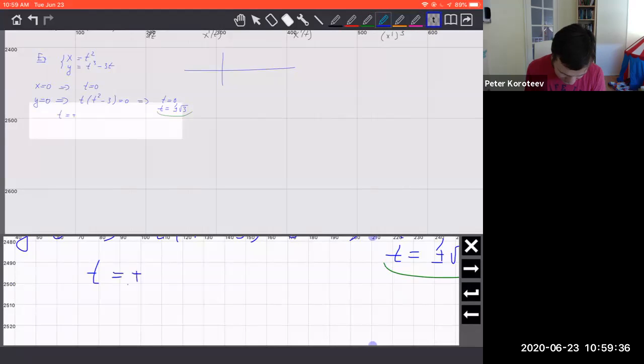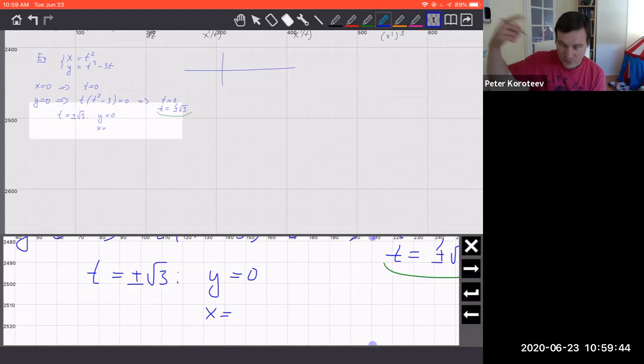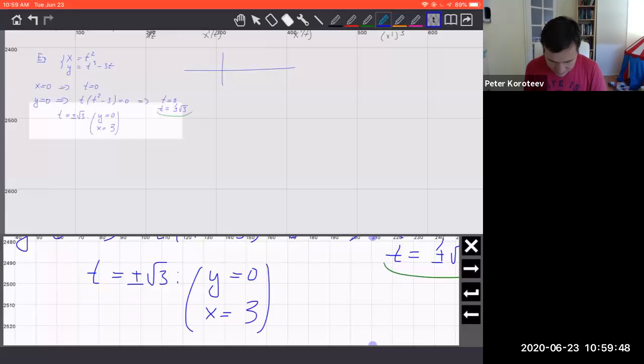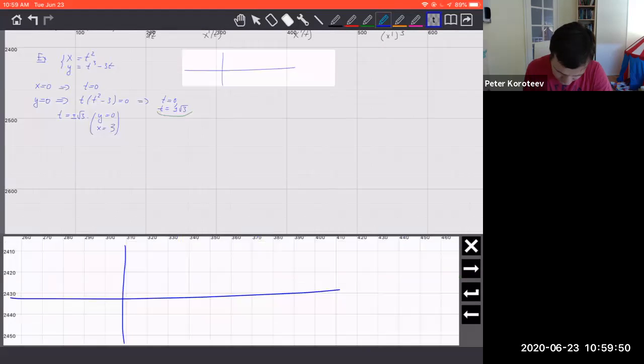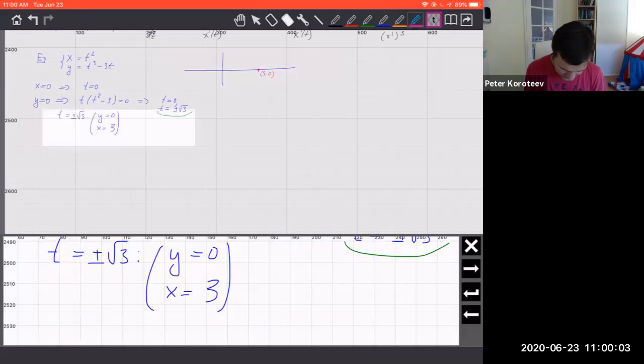If t is equal to plus and minus root 3, we know that y is equal to 0 and x is equal to plus or minus root 3 squared, which is 3. So the point (3, 0) is passed by this curve twice. So this should be a self-intersection point.